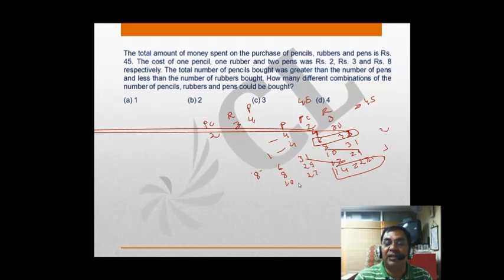Yes, another combination. But I can see, if I go for less than that, it will come to 16 and 21. But now here these are 8 and these are 7, so this combination does not work. So one more combination will come, that is 10, 27.